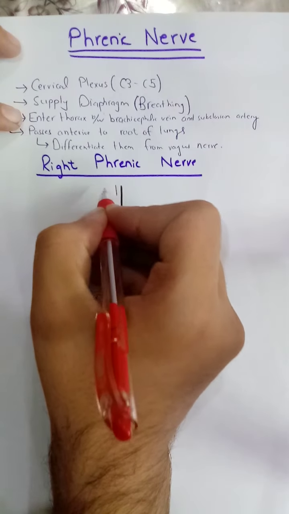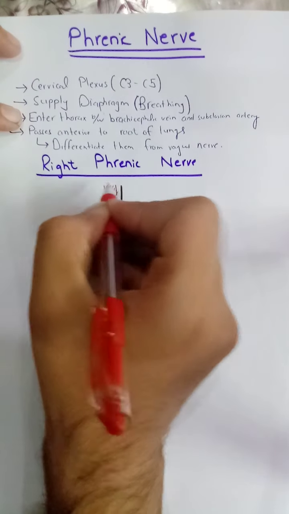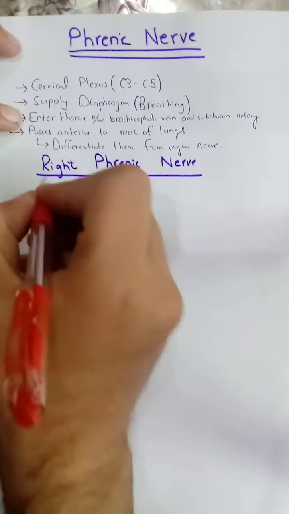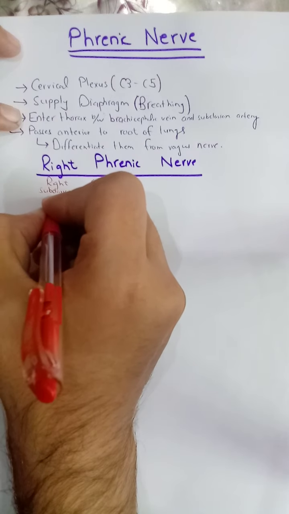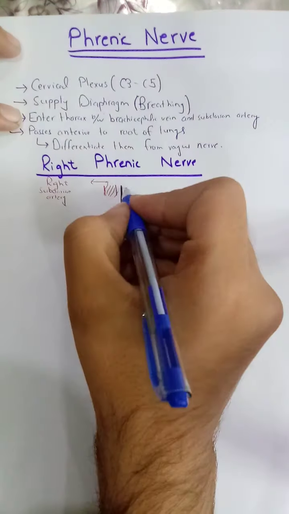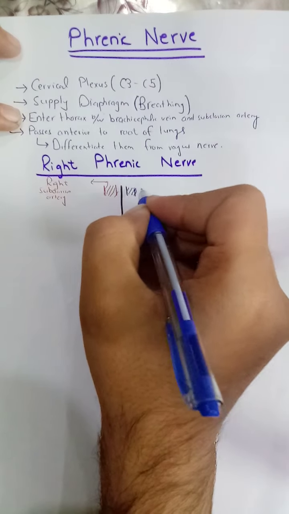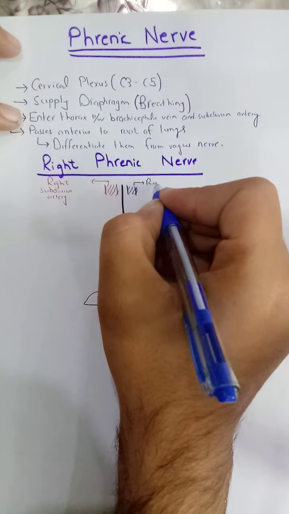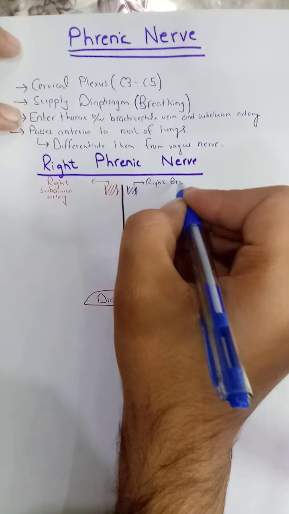As it is the right phrenic nerve, this will be the right subclavian artery and here will be the right brachiocephalic vein.